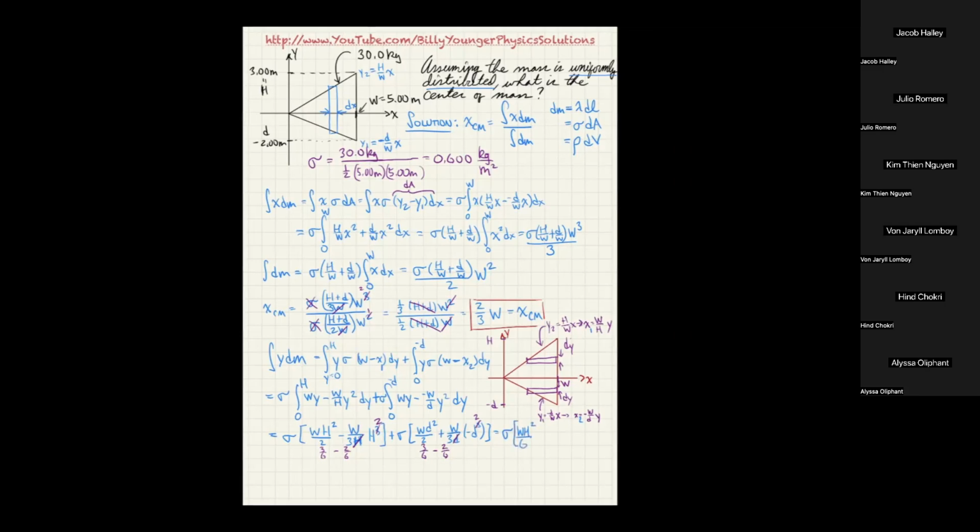That's for the first term. And of course, I got a sigma in the second one too, but that's also going to be 1/6. And it's going to be plus 1/6 wd squared.